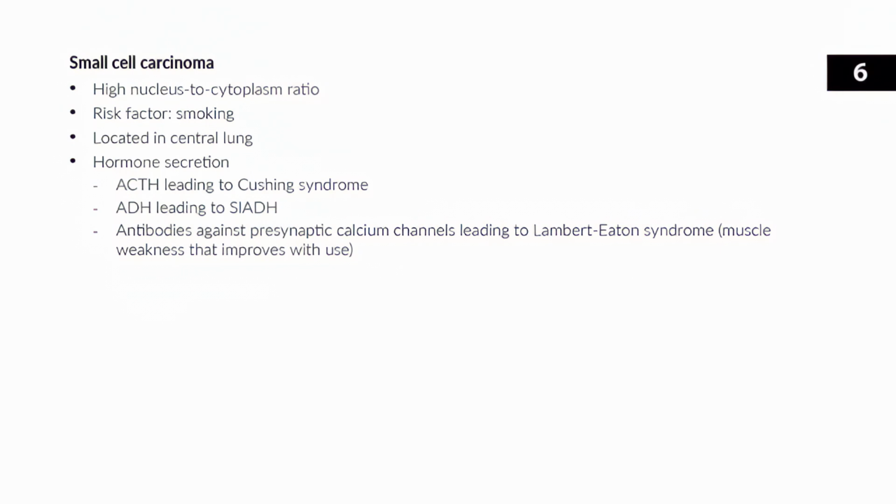The result of these antibodies is going to be what's called Lambert-Eaton syndrome, and it's characterized by muscle weakness. Now, you might recall that Lambert-Eaton syndrome is weakness that actually improves with use. So there are three paraneoplastic syndromes you got to remember with small cell lung cancer: that Cushing syndrome, that SIADH, and then Lambert-Eaton syndrome.